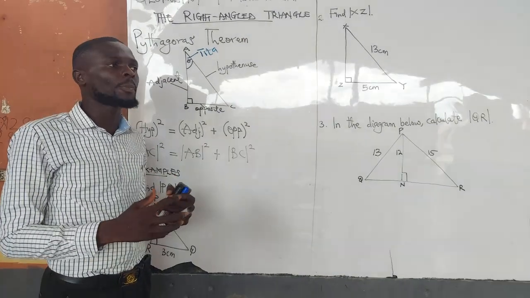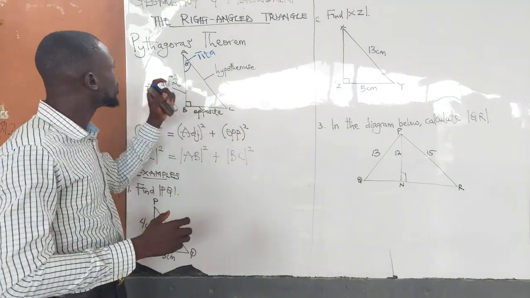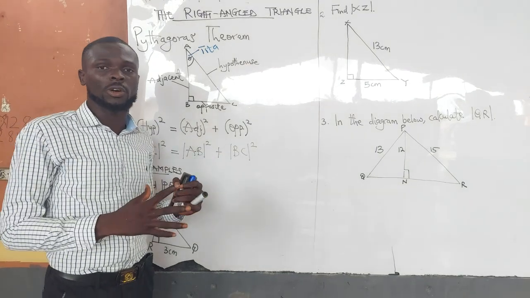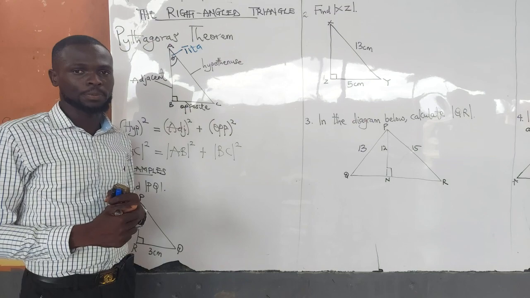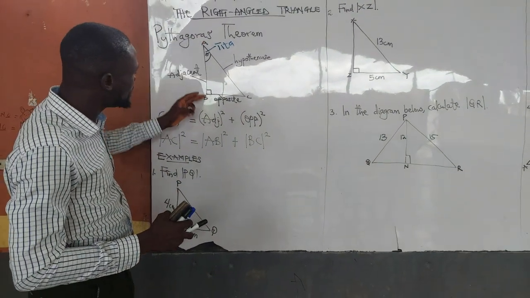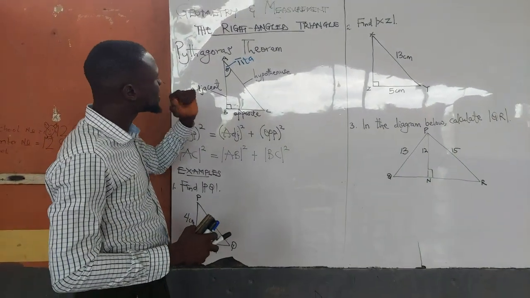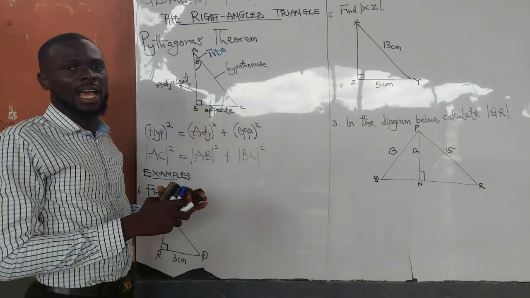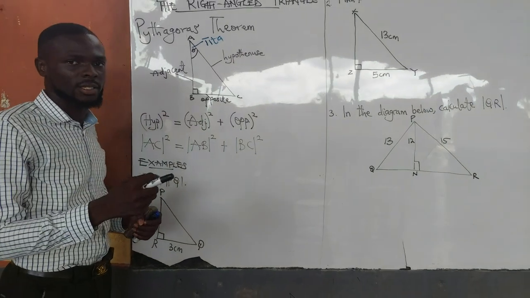Now, in looking at the properties of this right angle triangle, we consider a theorem which is known as the Pythagoras theorem. With the help of this theorem, we can look at whatever we have to look for today. Now, let's take this triangle ABC as our right angle triangle. Every right angle triangle has a longest side, one side being the longest among the three sides.